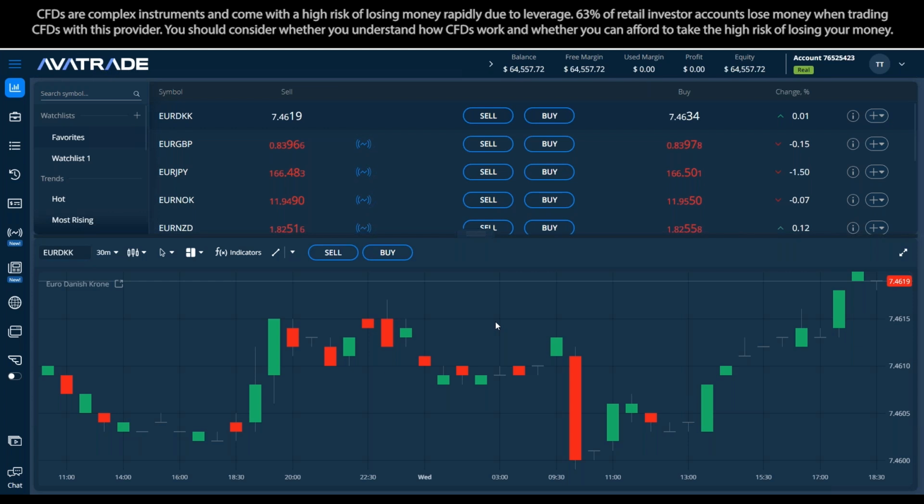Gold has been a bit bullish today as a result of the increased volatility, and we could take a look at some other instruments as well if we have time. So that's kind of the backdrop today.